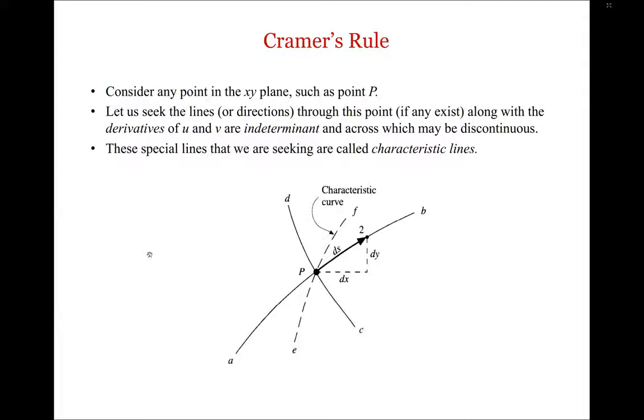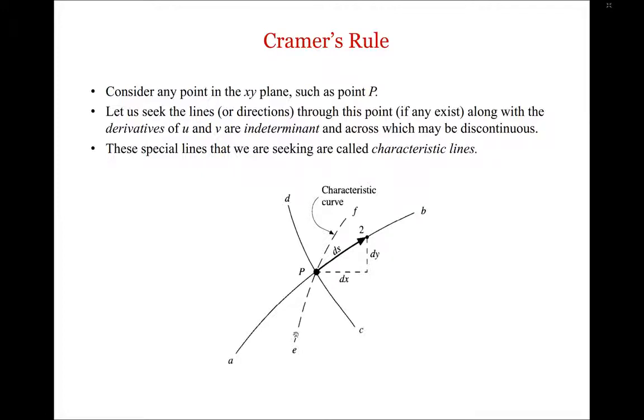So this is my AB line and this is BC, CD. The point of intersection is the point P, and a characteristic curve depends on the direction and the lines of magnitude at the point.